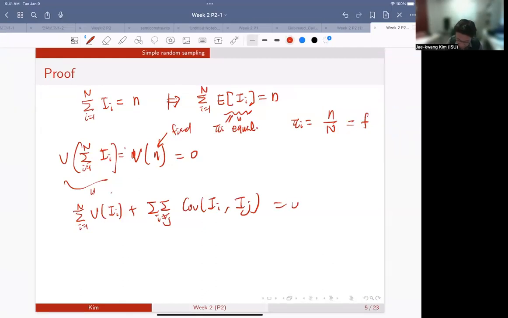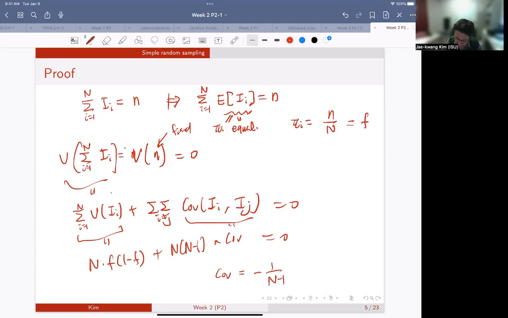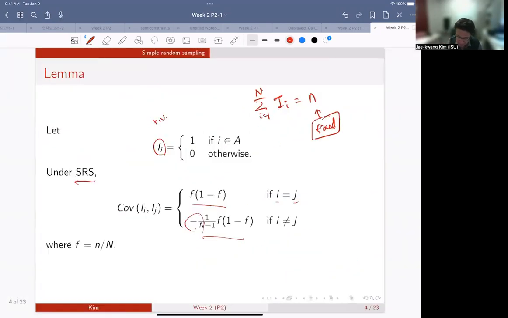So that is zero. Then this one is n times f times (1 minus f). These are all equal, right? This is the covariance, and we have n times (n minus 1) of them. So the covariance is indeed negative, that's basically what it is here.